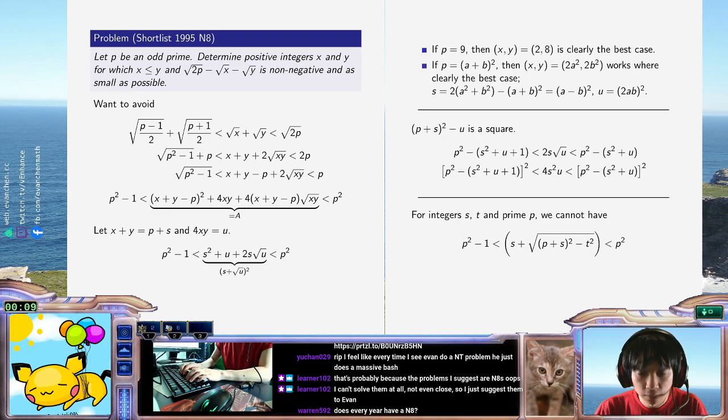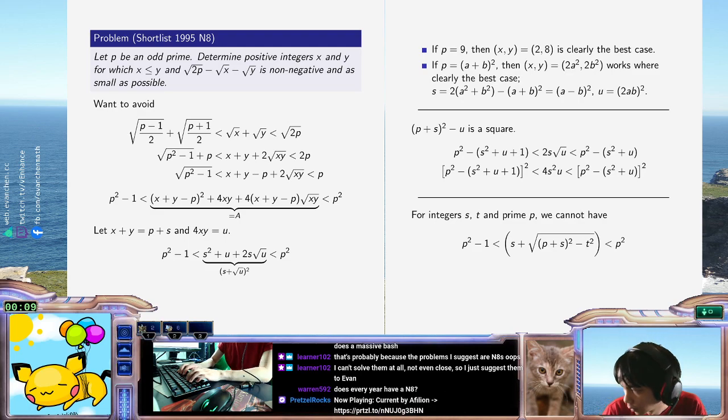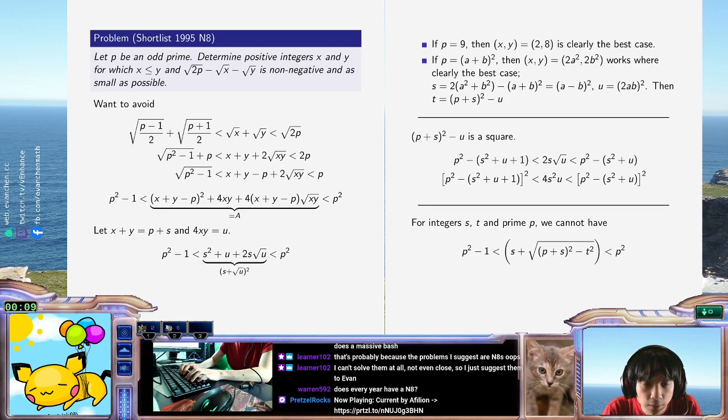t is minus... u is... to p plus s, a squared plus b squared, squared, minus 2ab squared.